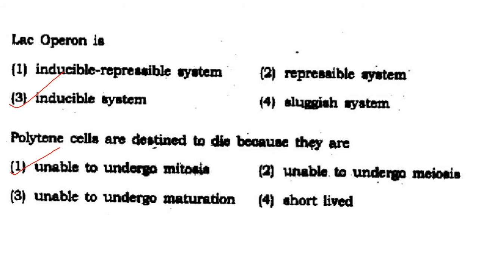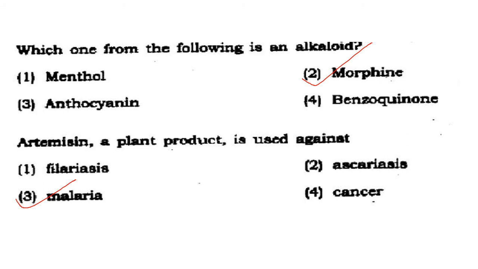Now polytene cells are destined to die because they are unable to undergo mitosis, unable to undergo meiosis, unable to undergo maturation, or short-lived. Answer is unable to undergo mitosis. Next one. Which of the following is an alkaloid?